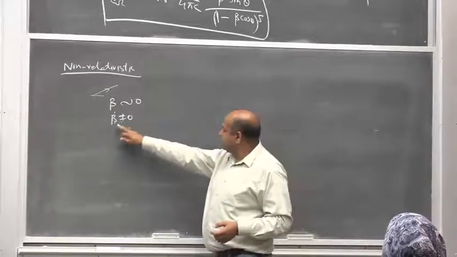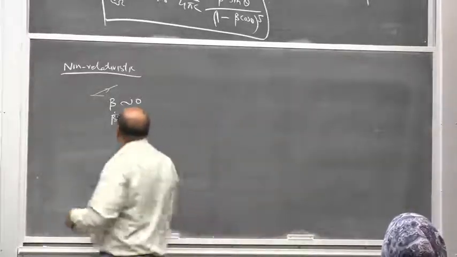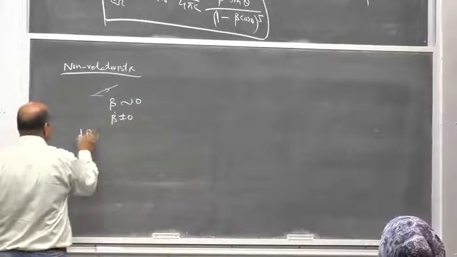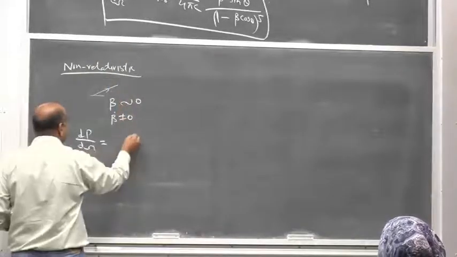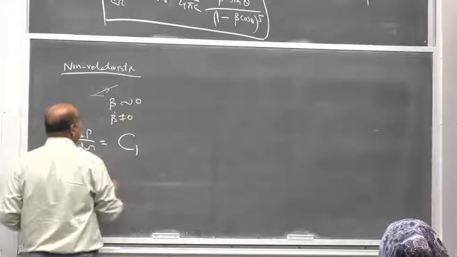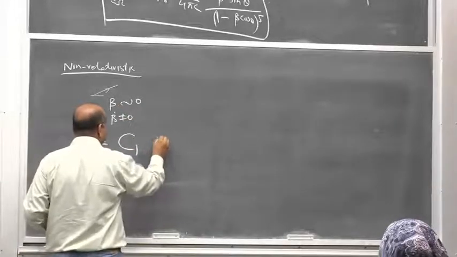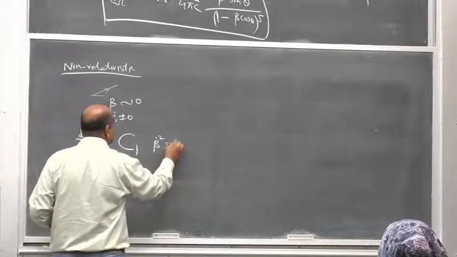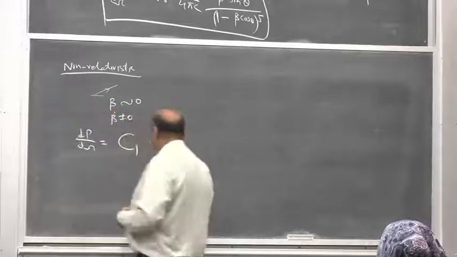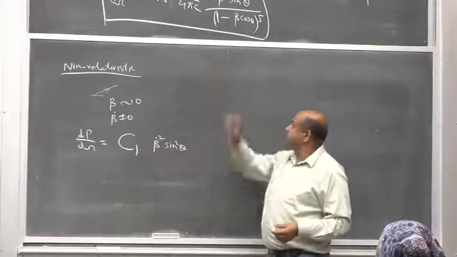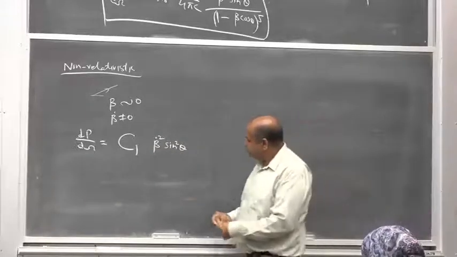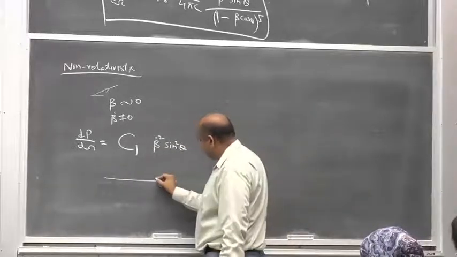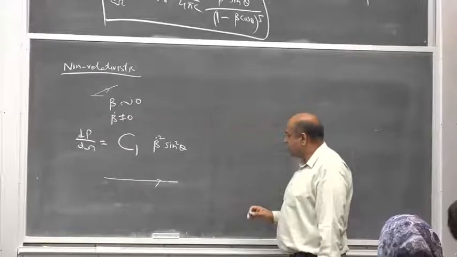So when it is accelerating but the speed is slow, we can approximate, well, all of this is some constant, so let me call it a giant C1. So we have beta dot square sine square theta, because this is a constant thing. So if you look at this function, this is the direction of the charge motion.